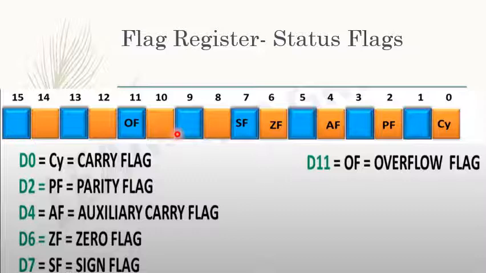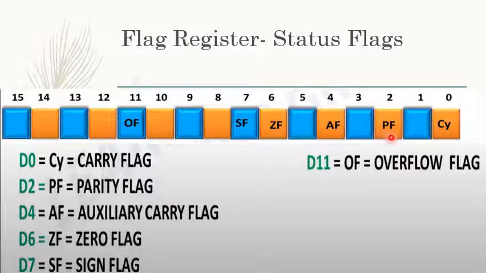The flag register is a 16-bit register as shown in the figure, and the functions of the flag bits are explained now. CY, carry flag, that is bit 0, is set on higher order bit carry or borrow, cleared otherwise.